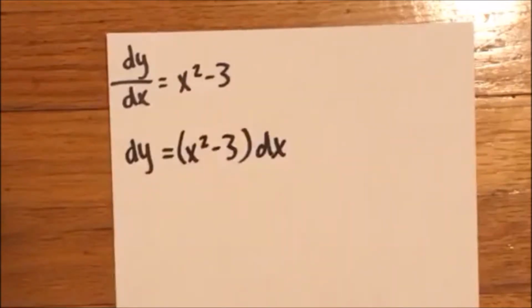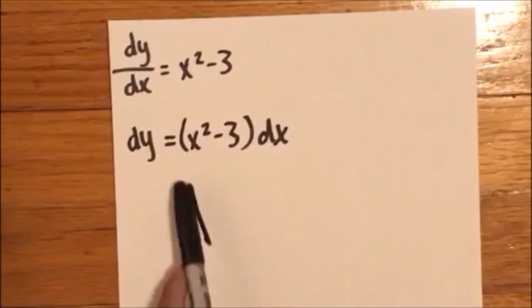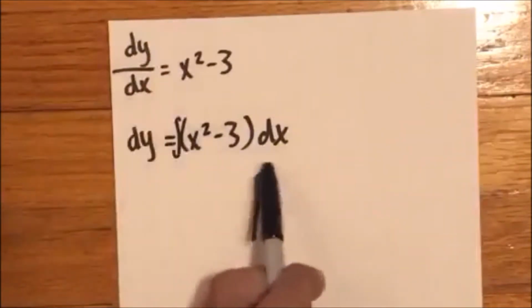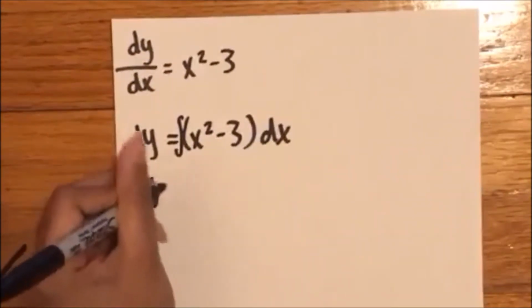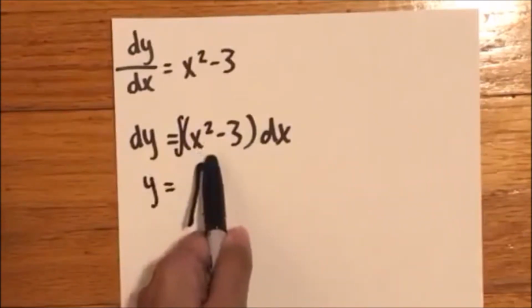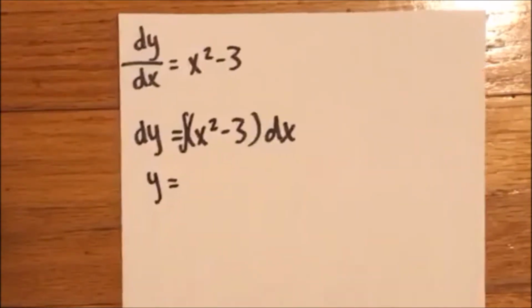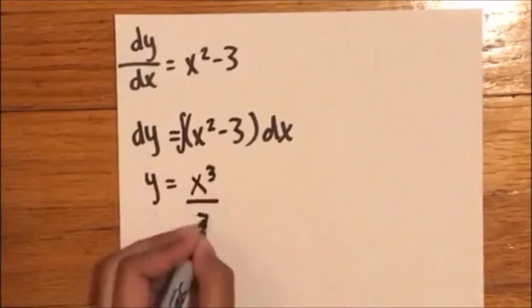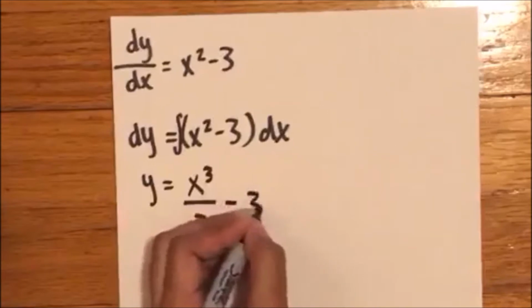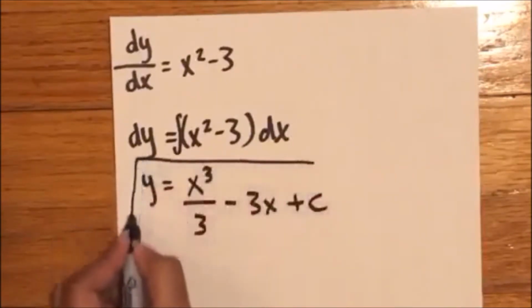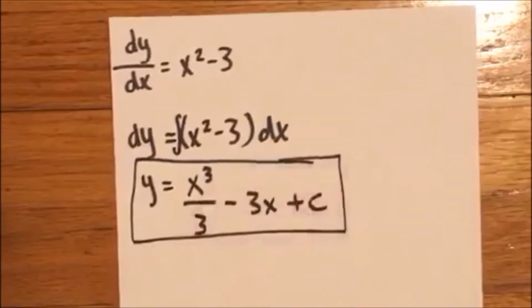Now that we have done this, the next step is to take the integral, also known as the antiderivative, of this side. So y equals the antiderivative of x to the power of 2 minus 3 dx, which will be x to the power of 3 over 3 minus 3x plus c. This is known as your general solution.